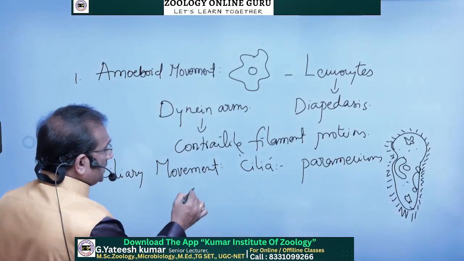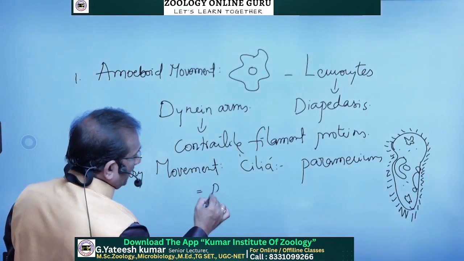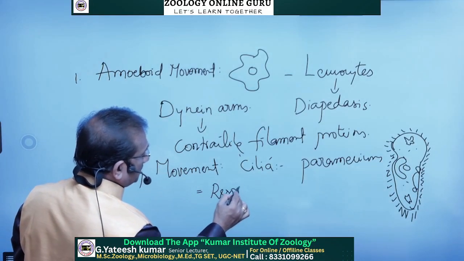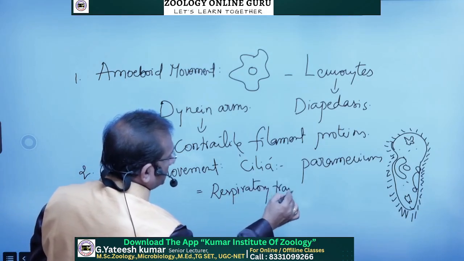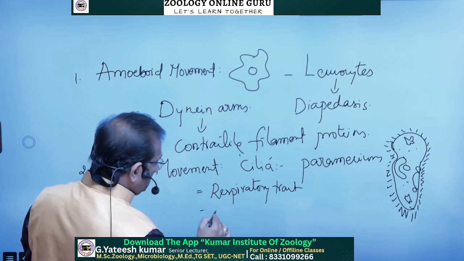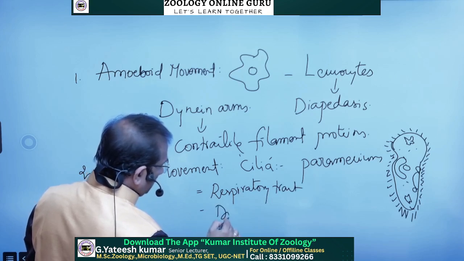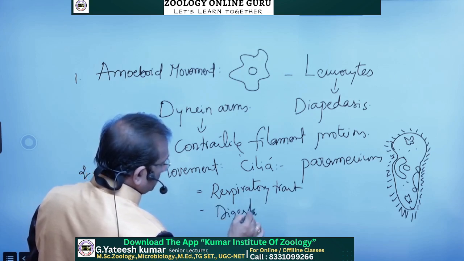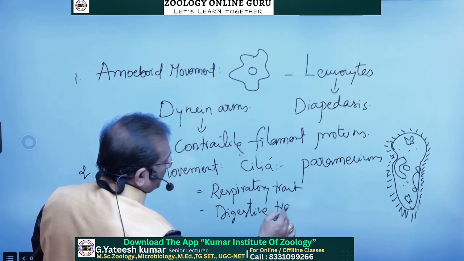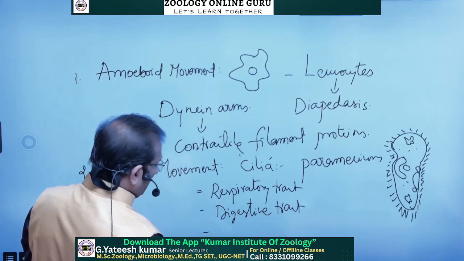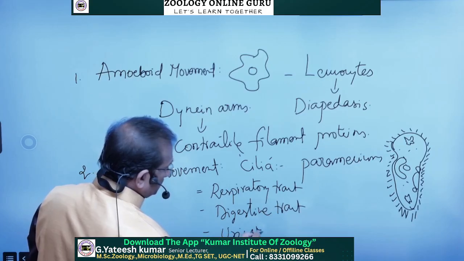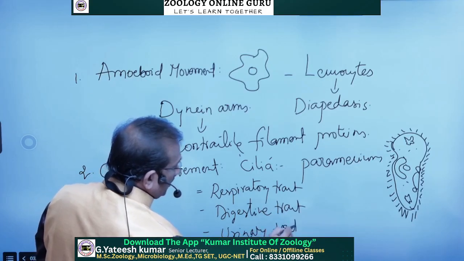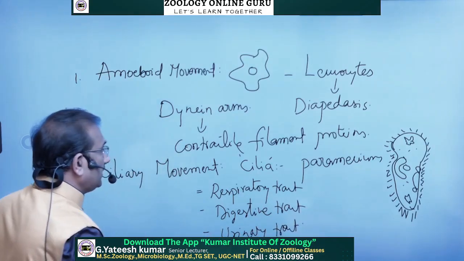In our body, the respiratory tract, digestive tract, and urinary tract also have ciliary movement.